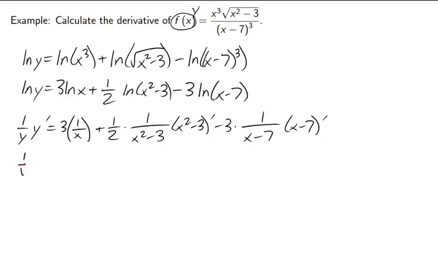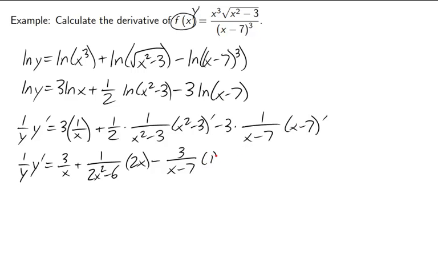So we get 1 over y, y prime equals 3 over x plus 1 over 2 times x squared minus 3 times the derivative of x squared minus 3, which is 2x, minus 3 over x minus 7 times the derivative of x minus 7, which is just 1.